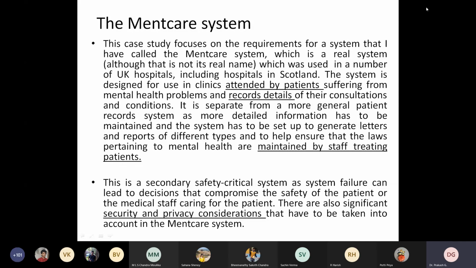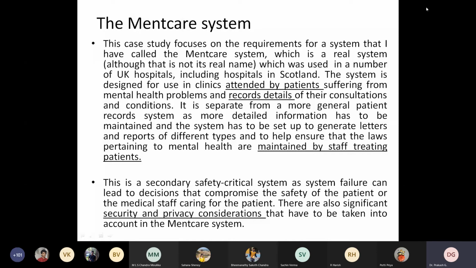But the mental health patient record should have more detailed information, and it should be maintained with respect to the laws. And as Sagana rightly said, security is an important factor, so all this has to be considered for this Medcare system.